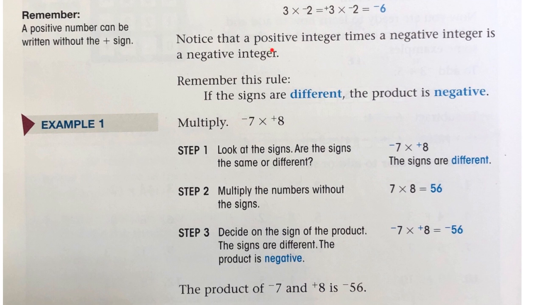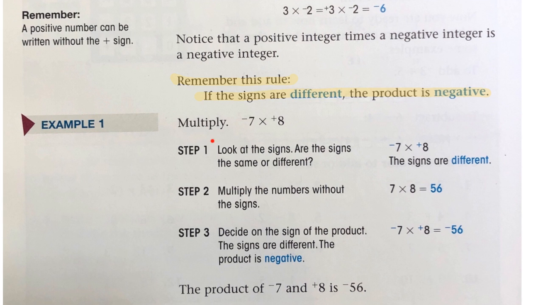Notice that a positive integer times a negative integer is a negative number. Remember this rule. If the signs are different, the product is negative. So we will highlight that for sure.